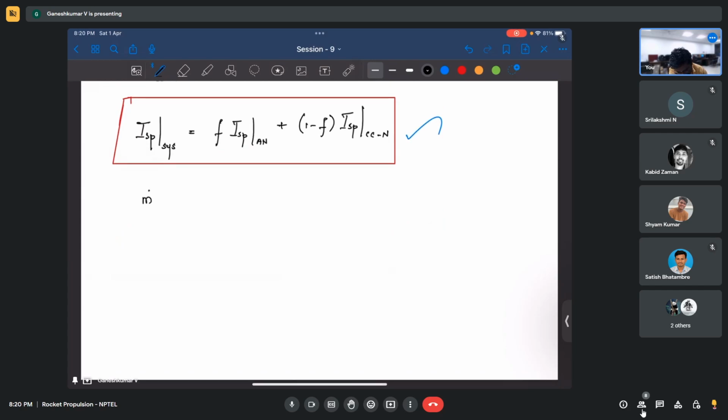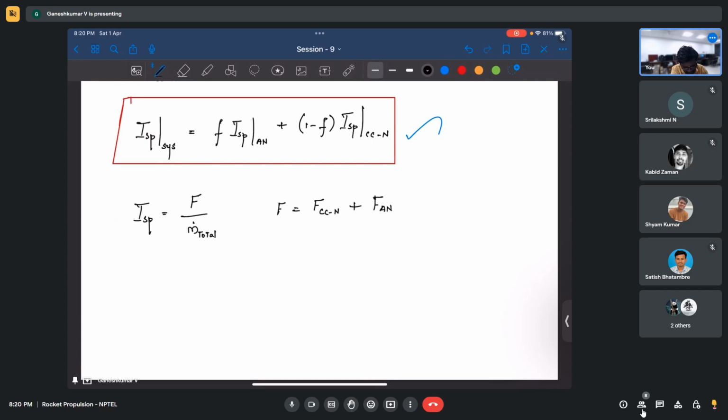It is coming from the definition of ISP. It's so simple. It's going to be the thrust divided by total mass flow rate. What do we know about thrust? Thrust is going to be thrust of combustion chamber nozzle plus thrust of auxiliary nozzle.